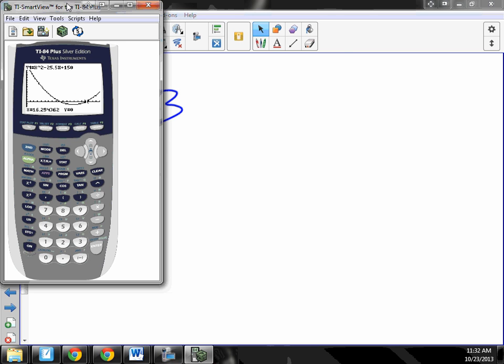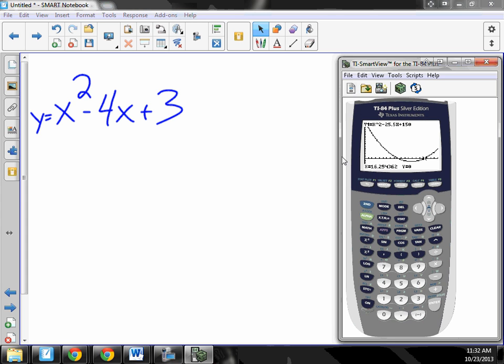So I'm going to go in my calculator. x squared minus 4x, oops, get rid of all that. So x squared minus 4x plus 3. I push graph, and my window is way off. That's not what I want to see, so I'm going to push zoom.